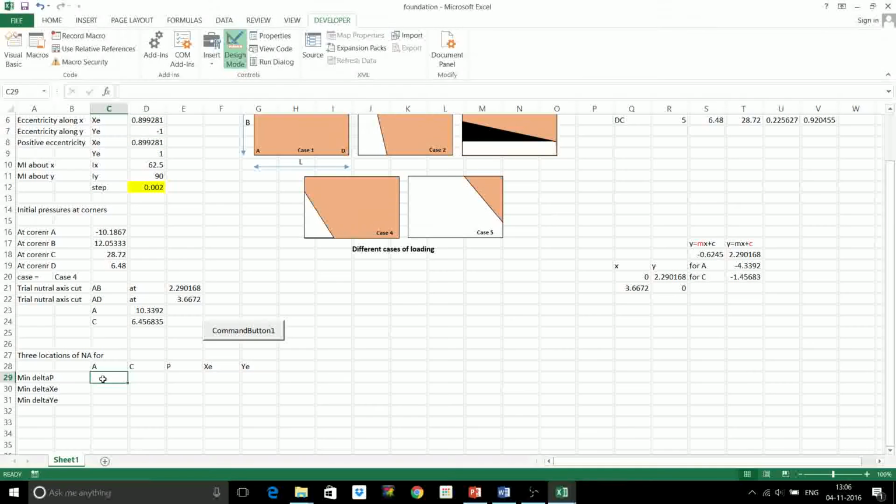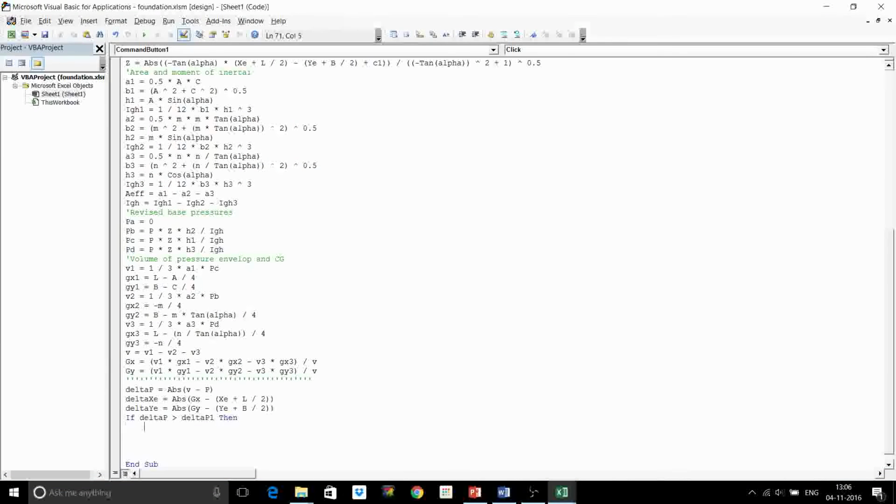Okay, so I will write down: cell 29 3 is equal to A, then cell 29 4 equal to C, then cell 29 5 is equal to V, in this case volume of the pressure, then cell 29 6 is equal to Gx minus L by 2, then cell 29 7 is equal to Gy minus V by 2.